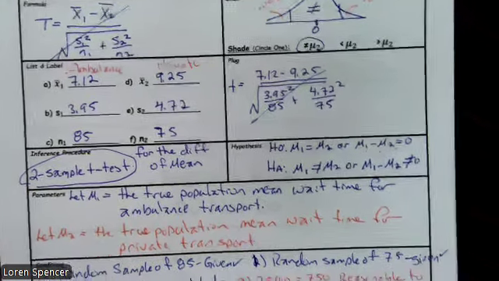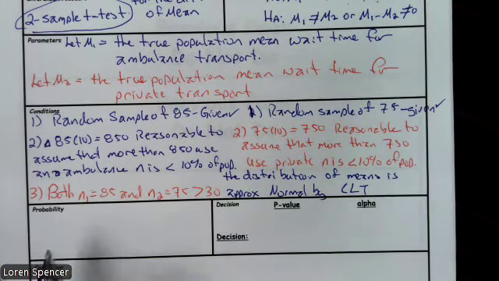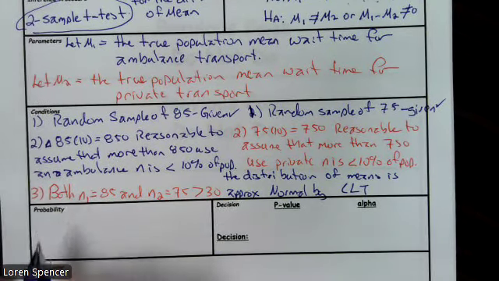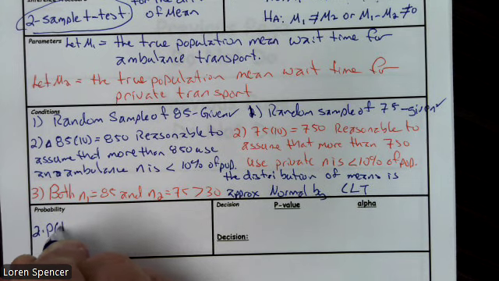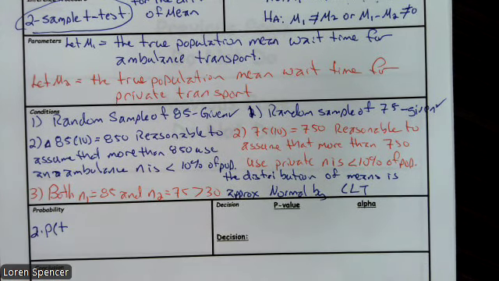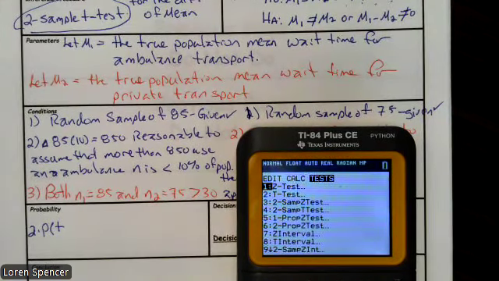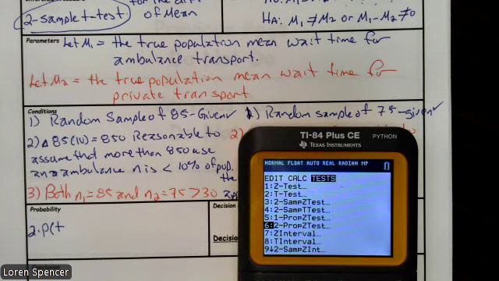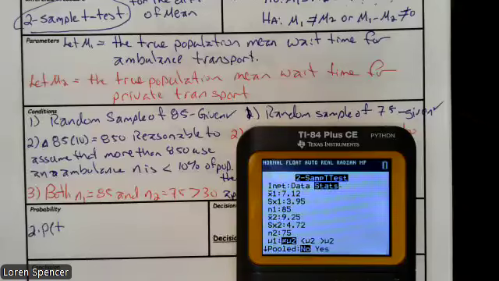Okay. Probability. All right. So my probability statement. Remember, this is a two-tailed test, so we're going to have to go 2 times the probability that t, let's go ahead and run the test. All right, stat edit, stat test, drop down to 2 samples t-test, number 4.